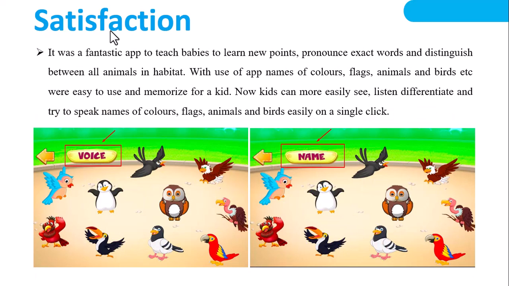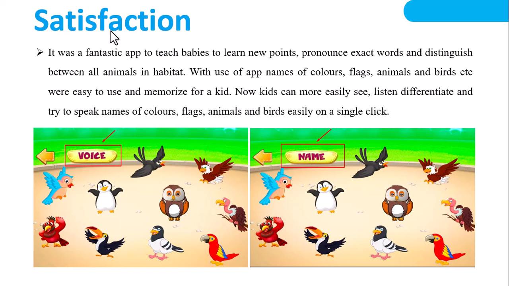The other main and important thing is satisfaction. Satisfaction is very important in every aspect, and we need to understand whether this thing tries to fulfill our requirement or not.